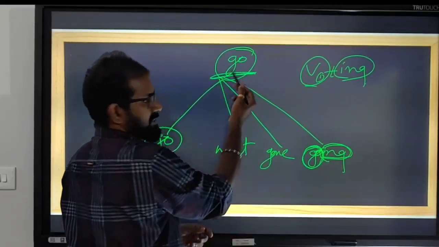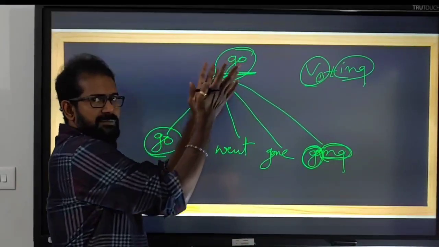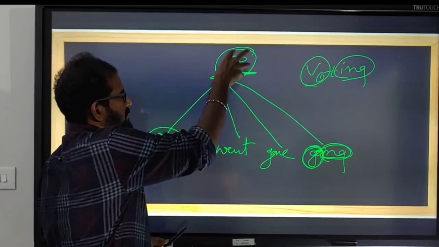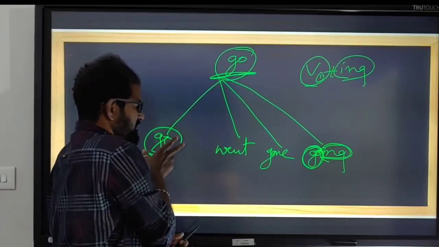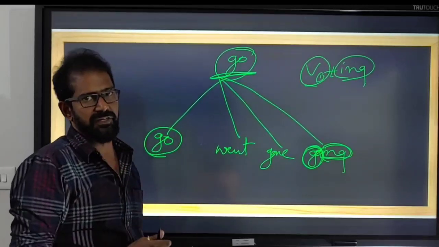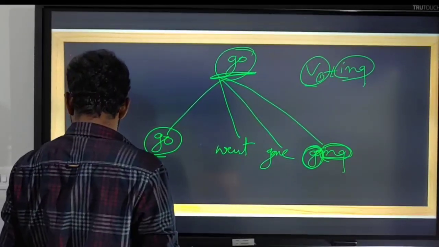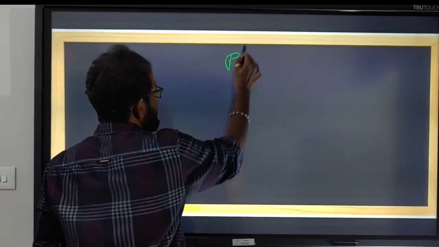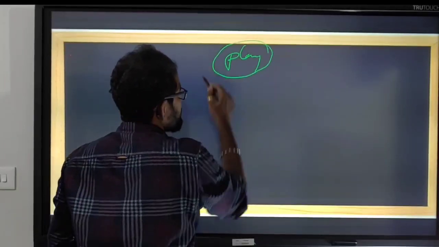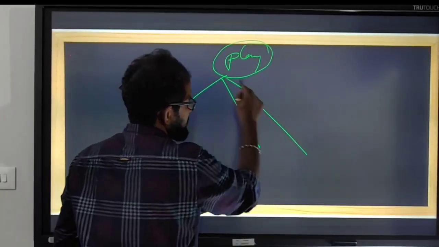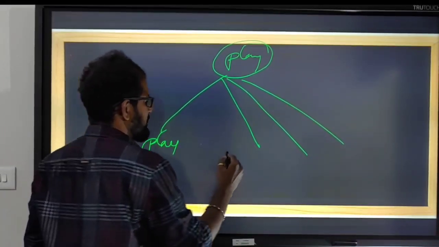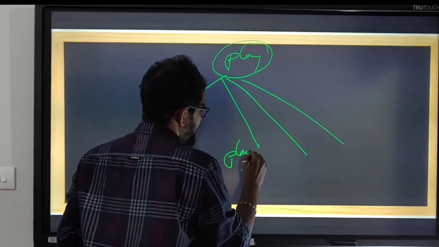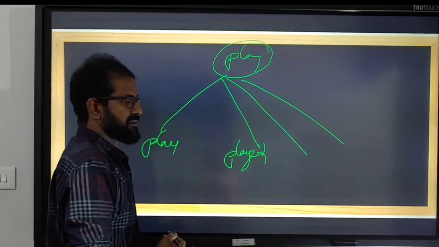So the base form is go. For all verbs, the base form and V1 form are the same. Take another one. Play. Play is the base form and it has 4 forms. Present, play, that's V1. Played, V2, past form.